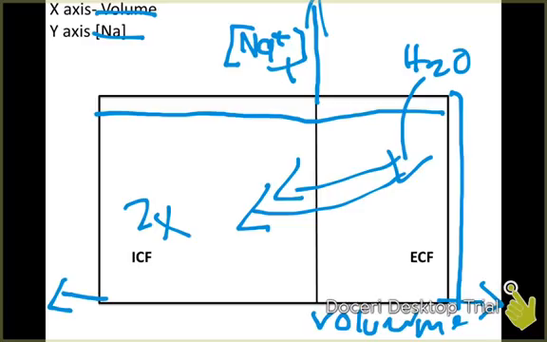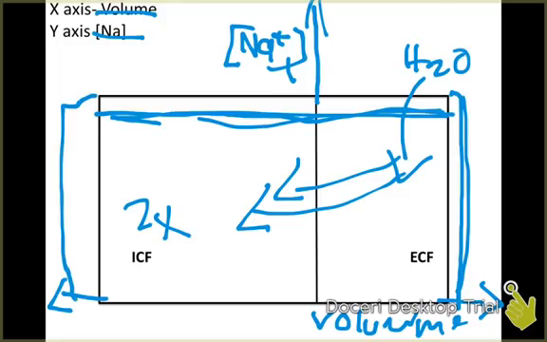And the reason being is because the water is going to distribute freely through here. And so you don't add much volume. And the volume that you do add, probably the majority of it would go to this side, since 2 times of that is going into your intracellular fluid space. Okay?